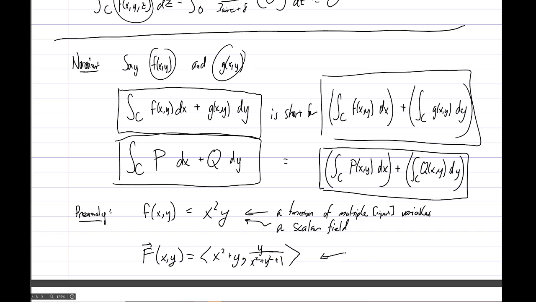This is a newer creature for us, and it is called a vector field. I don't want to overdo it here, but when you see that word field, think of a function with multiple inputs, and the word in front, scalar or vector, lets you know what kind of creature you're going to get as output. Are you getting a scalar, like here with x squared times y, or are you getting a vector, like right there, clearly a vector due to the angle brackets?